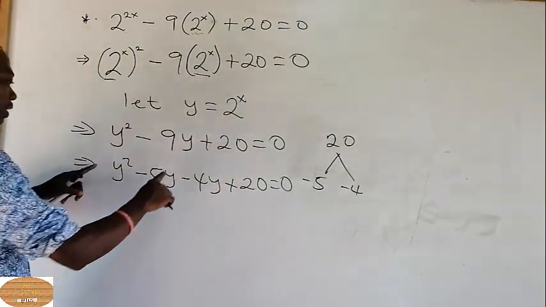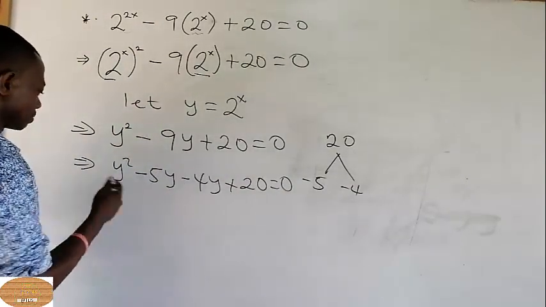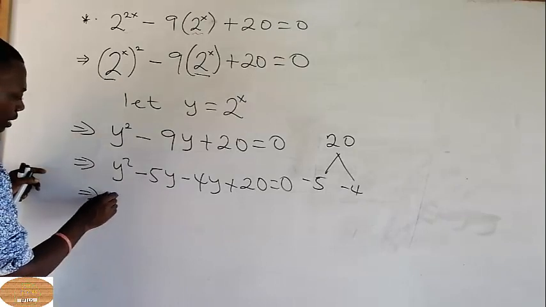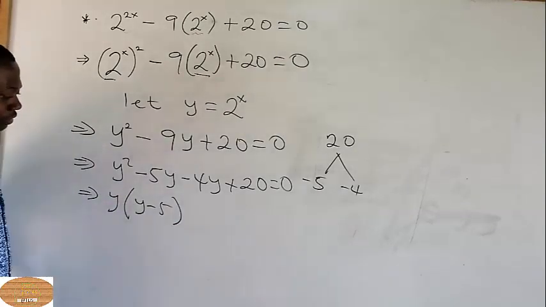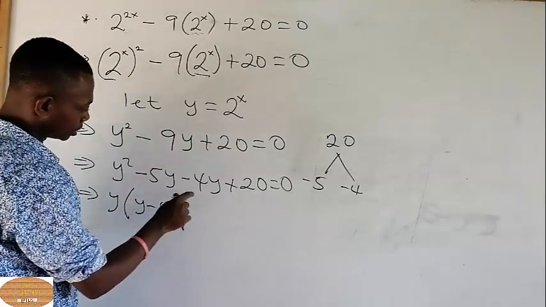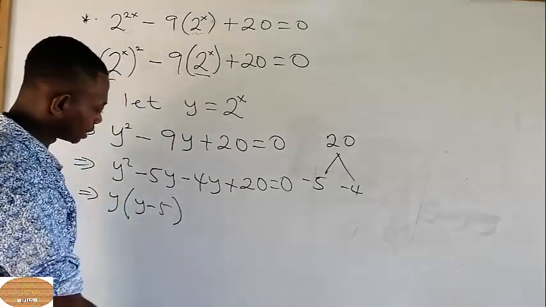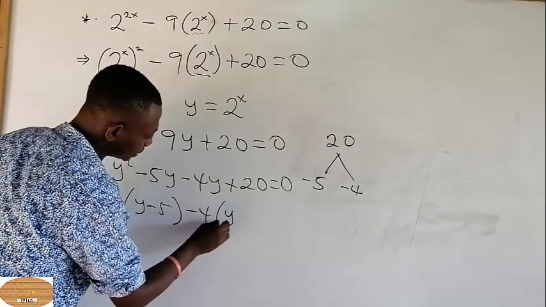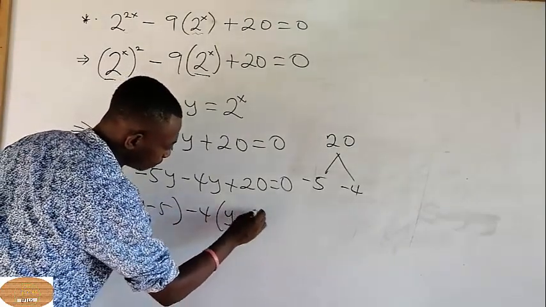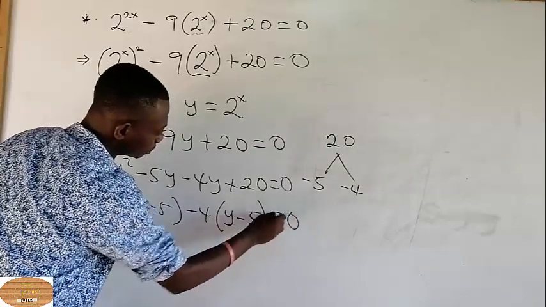Alright. So I can factorize y out here. So y out, I'll be left with y minus 5. Alright. So I have y minus 5 here. So this one, let me take minus 4 out. If you take minus 4 out, you will be left with y minus 5 equal to 0.